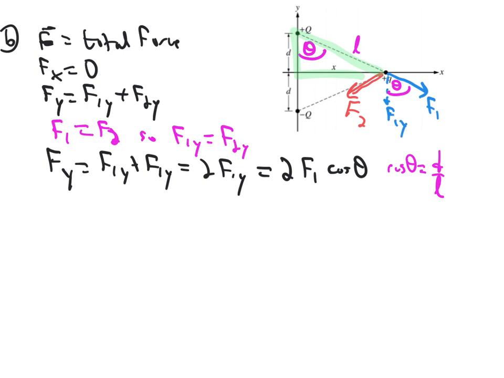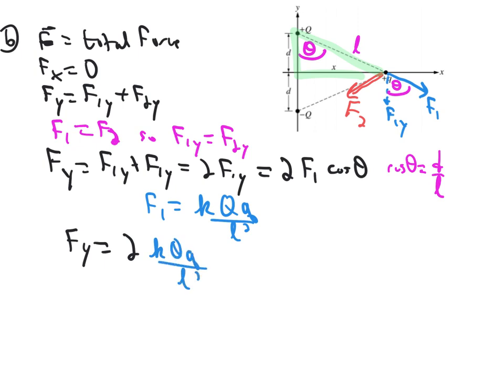From Coulomb's law, we have that F1 is going to be k times the charge times the other charge over the distance squared. So now I have that Fy is 2 times k Q little q over L squared times d over L, or 2k big Q little q d over L cubed. What is L? Well, L is simply the square root.